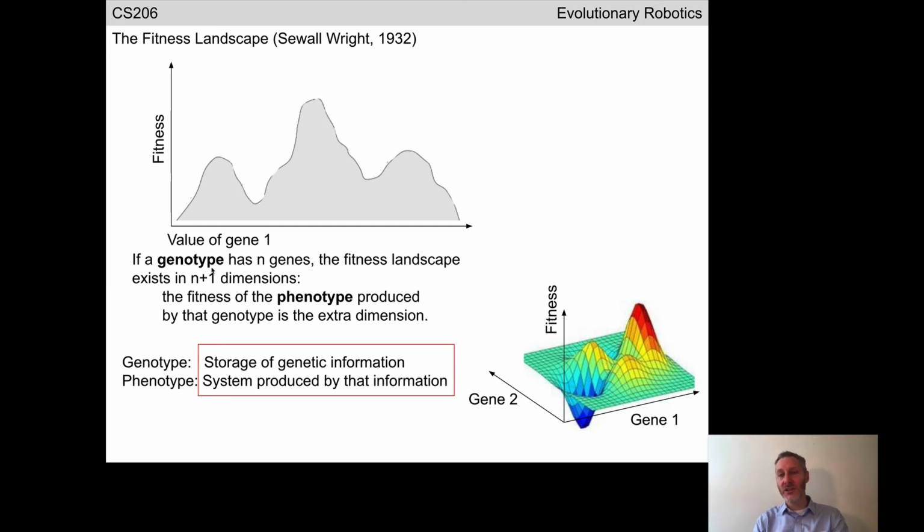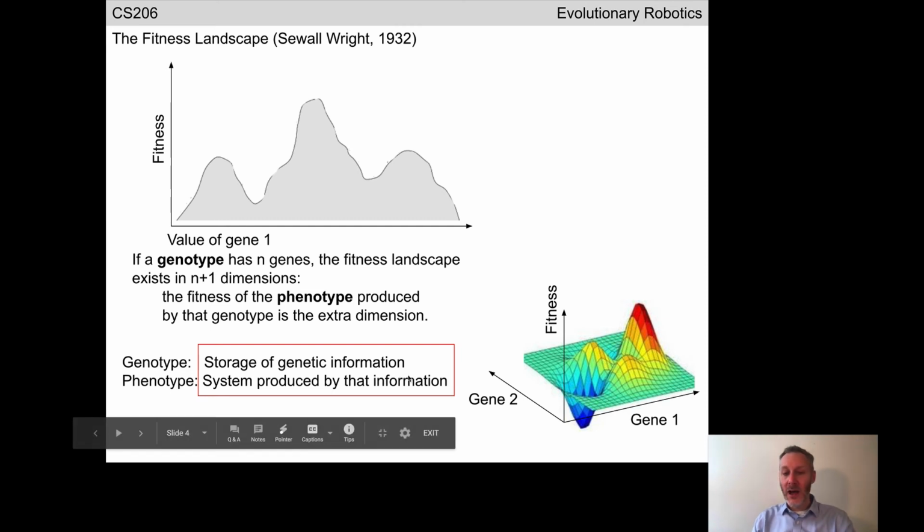So if we're thinking about a genotype that has n genes, the fitness landscape is going to have n plus 1 dimensions. What's that plus 1? That plus 1 is going to represent the fitness, which we're going to assume is something we can boil down to a number. A fitness produced by the organism or robot that is described by these n genes.